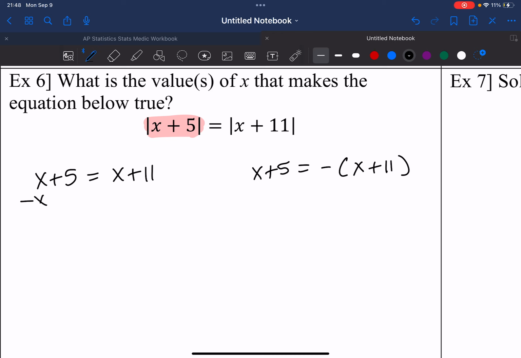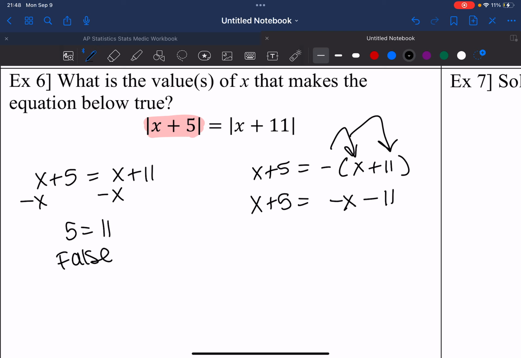So on the first one, when I subtract x, I get 5 is equal to 11, which is a false statement. So this one doesn't have a solution. Now I'm going to do the other one. I have x plus 5 is equal to negative x minus 11. I distributed the negative. So adding the x to the other side, I get 2x plus 5 is equal to negative 11.